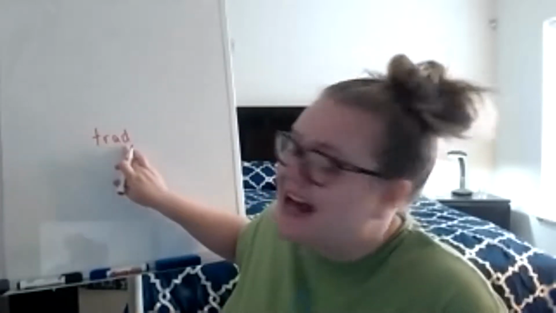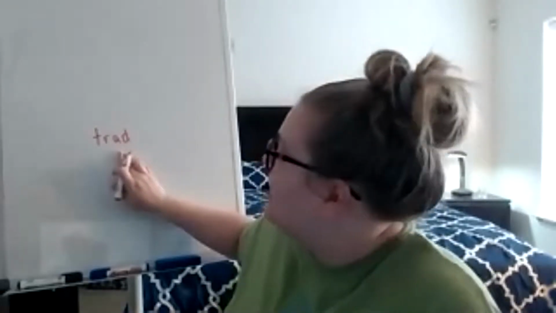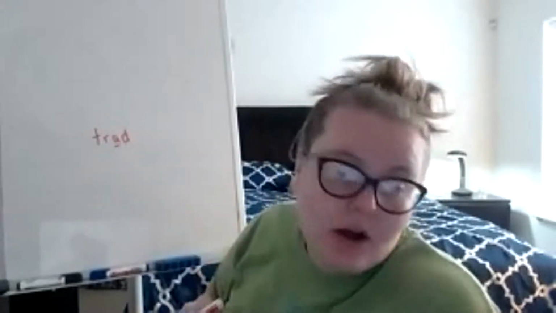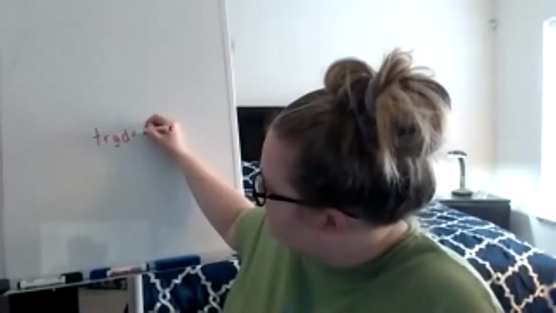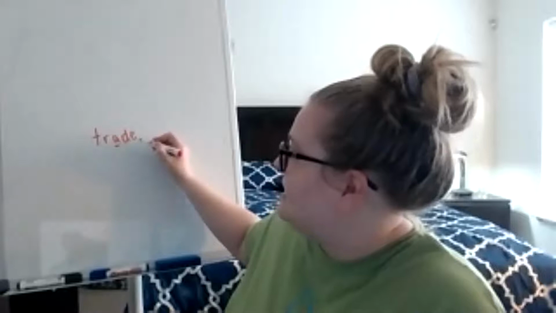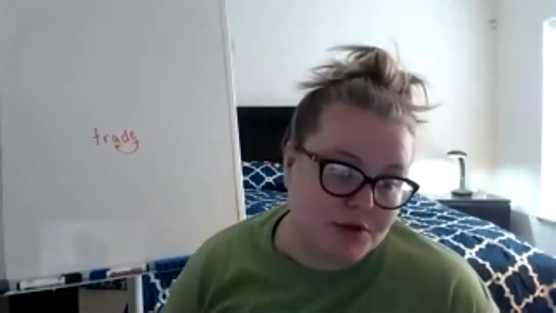Now, that says trad. That's not what we said. We said trade. How can I make this A be a long A? By adding a silent E on the end. Now it's vowel, consonant, silent E, and that E makes this vowel say its name, trade.